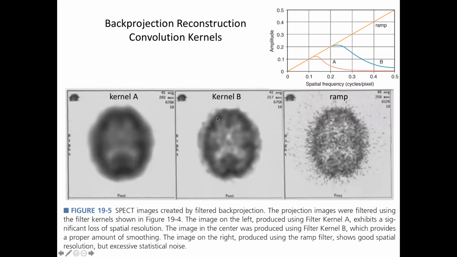So this was the slide in which we introduced these filter kernels to make SPECT images. And by the next 20 minutes or so, we'll understand why these kernels are introduced, okay?